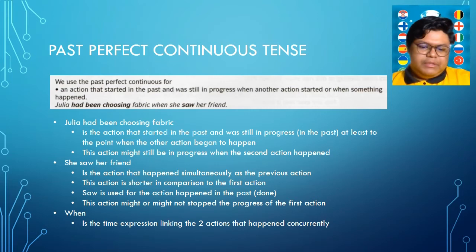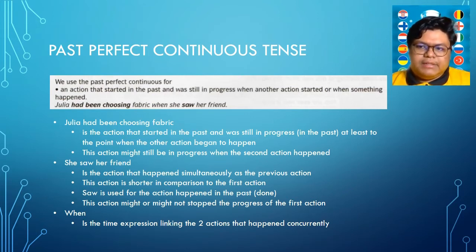So maksudnya at one point dia berlaku serentak lah. Okay, this action might still be in progress when the second action happens. Maksudnya action yang kedua tu berlaku dekat tengah-tengah, yang satu ni masih lagi in progress. Macam tu. Okay, so she saw her friend.